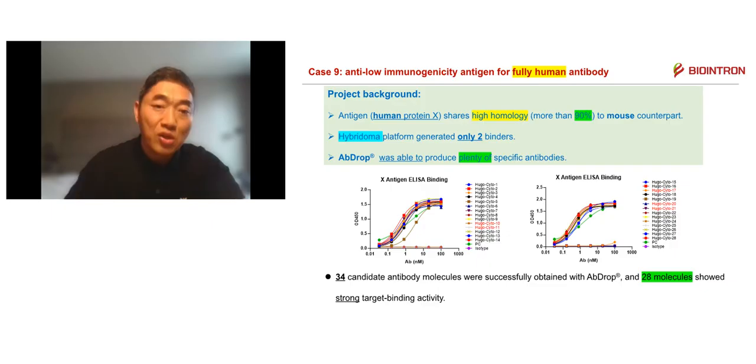So they turned to us. With our AbDrop single B antibody discovery solution, we were able to obtain, as shown in the slide, plenty of specific binders. We chose 34 antibodies, and as shown in the curves, 28 of them showed very strong target binding activities.